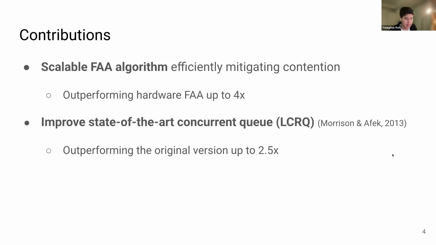And also, to show that our new algorithm is usable in practical real-world problems, we plug this fetch&add implementation into a state-of-the-art concurrent queue, LCRQ, and compare the throughput between our version and the previous work. We saw the throughput was more than 2.5 times faster than the previous version.